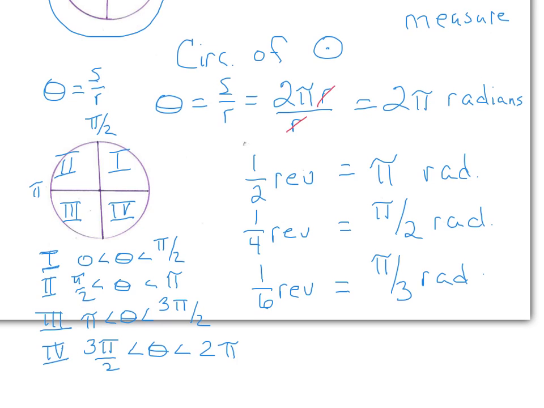The angle here can be named as 0. It can be named as 2 pi. If I start here and go all the way around, it could be 2 pi. If I start here and go in the negative direction, we could also name it as a negative 2 pi.